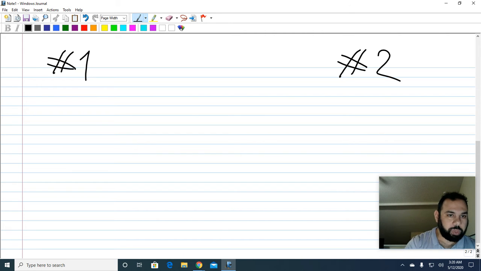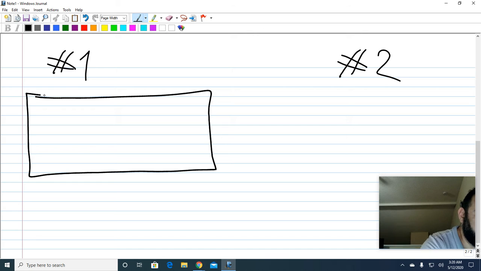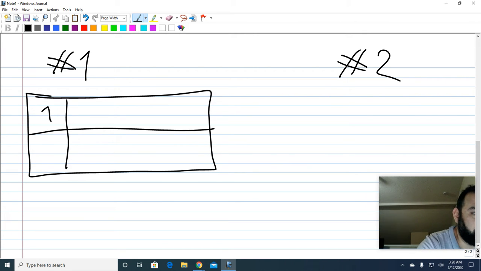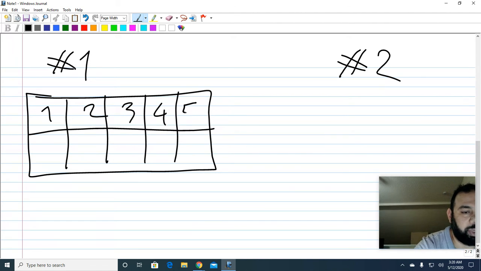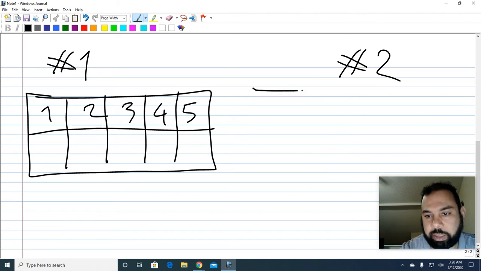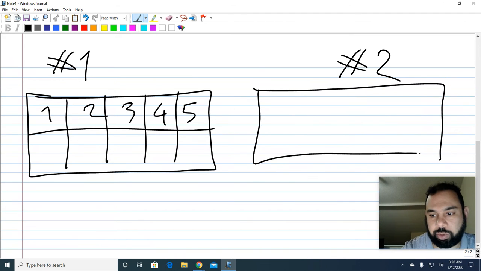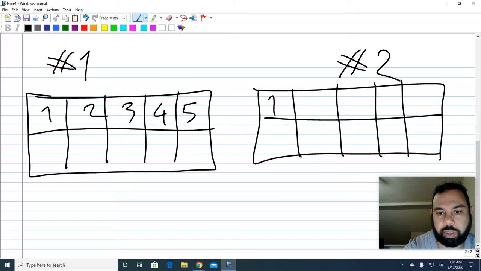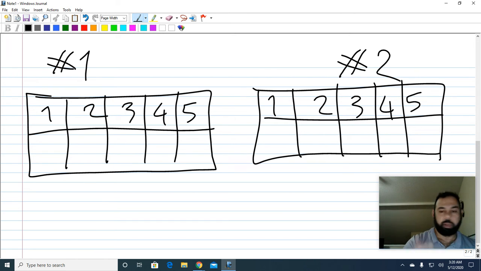They have 4 or 5 cats, so I'm going to construct a table: cat number one, cat number two, cat number three, cat number four, cat number five, and the same thing for food type number two. People who are raising hens may worry about it. Or plants, let's say you are measuring the height of your plants.